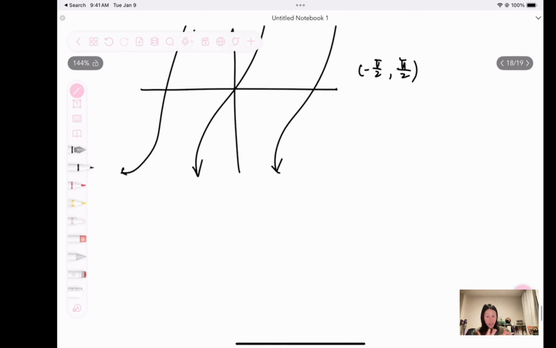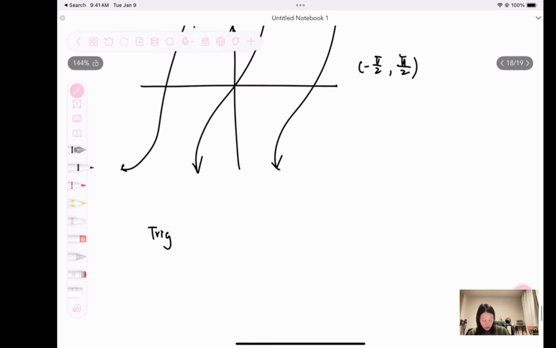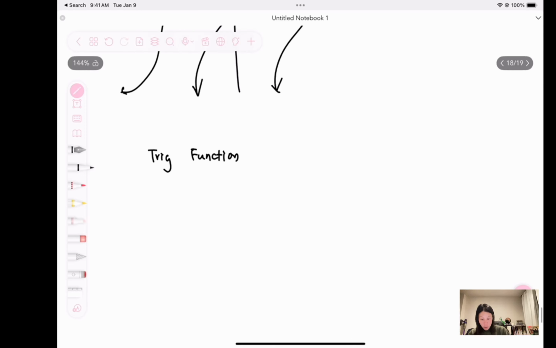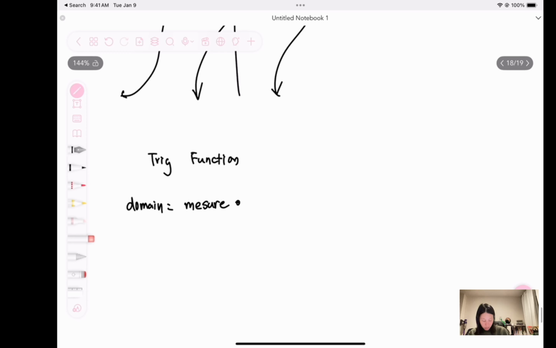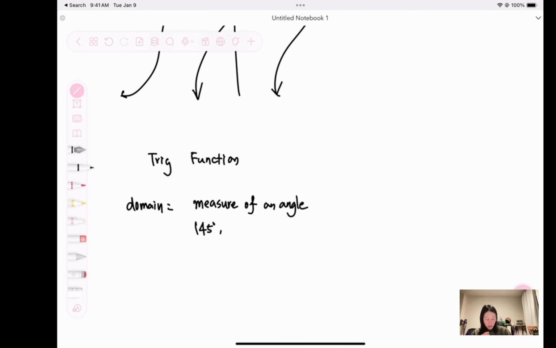Okay, let me do a recap. For the regular trig function, we have the domain, which is the measure or the input, the measure of an angle, which is 45 degrees, 60 degrees, or pi over 6, pi over 3, pi, negative pi.